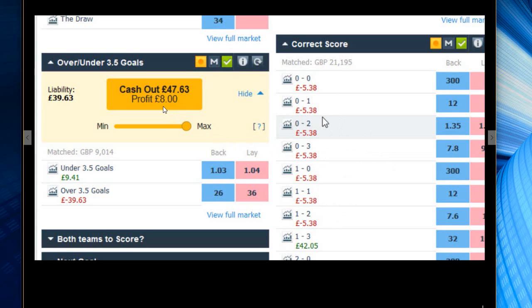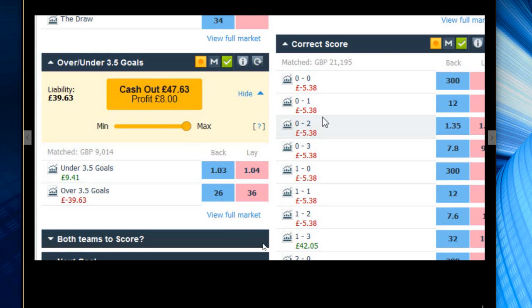But at the moment we could cash out for £8. Now, £8 minus potential £5.38 loss would leave us with £2.62, I think. So it would be a profit, but once again you could say, well, wouldn't it be nice if there was no correct score bets placed initially and we'd waited and we'd cashed out now.